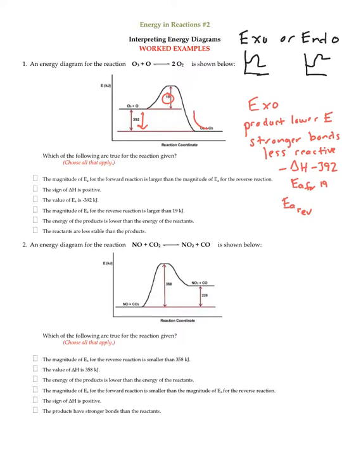Because I've got to go up 392 to get to here, and then up another 19 to get over that particular hump. And so when I add up those two numbers, I get a total of 411.